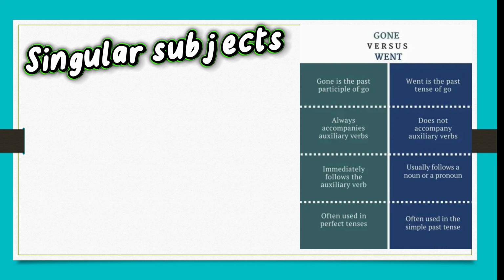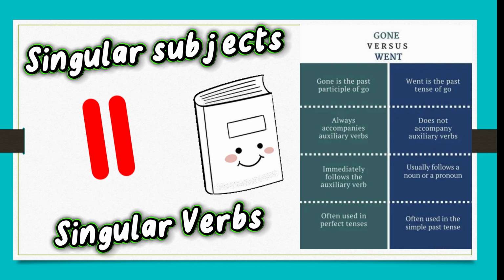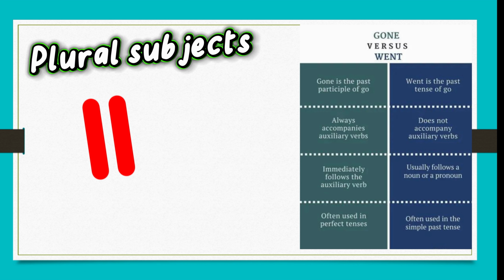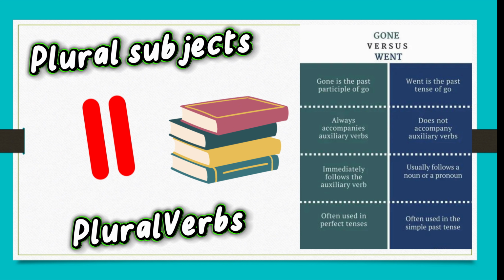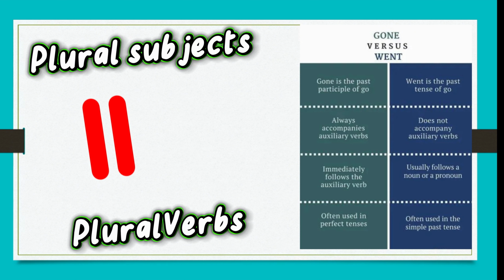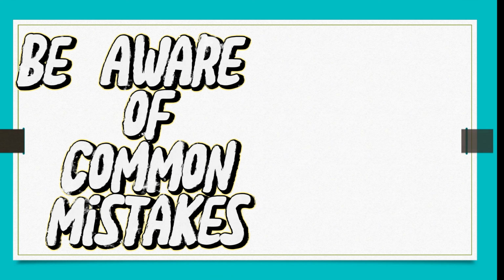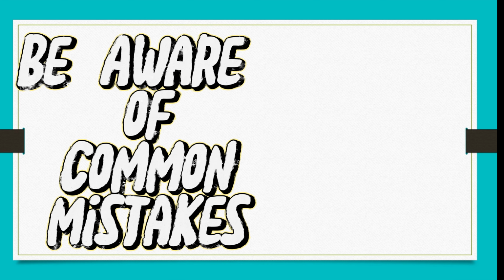Remember that singular subjects take singular verbs and plural subjects take plural verbs. For example, "he goes" is correct, but "he go" is not correct. By being aware of these common mistakes, you can avoid them in your own writing and speaking.